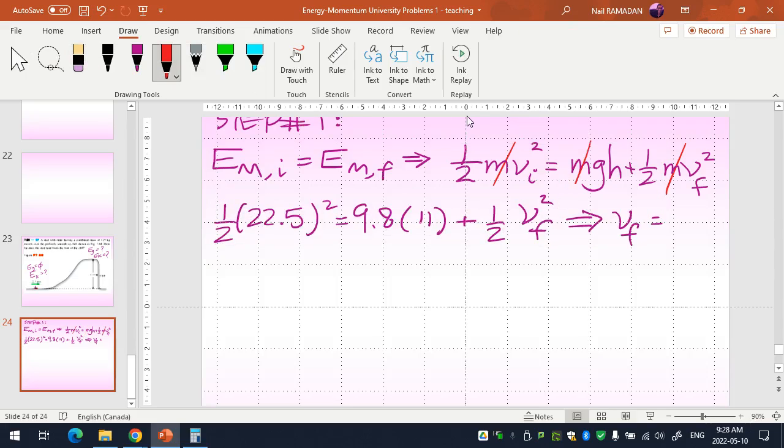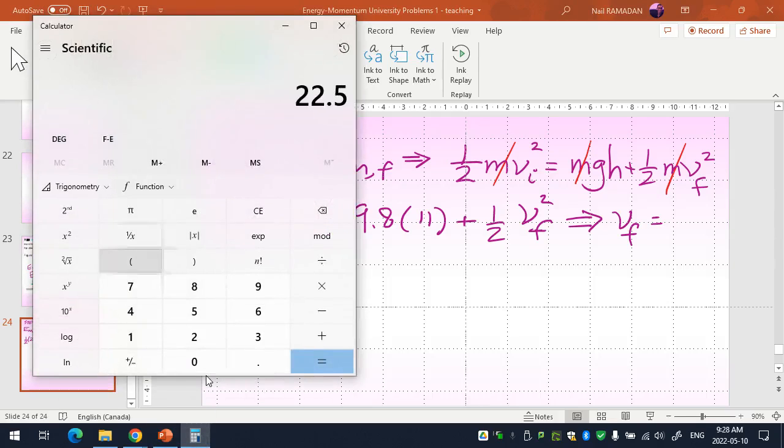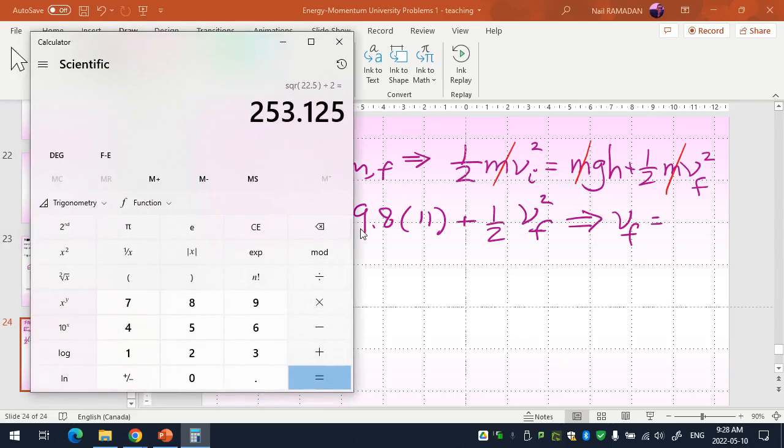Anyone got a number? I'll do it. Okay, so that's the left side, and then I'm going to minus 9.8 times 11. So minus, open a bracket, 9.8 times 11.